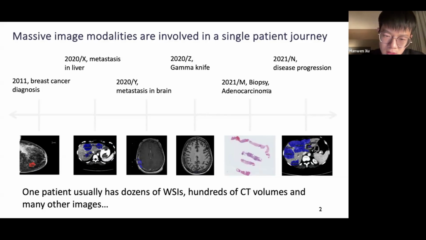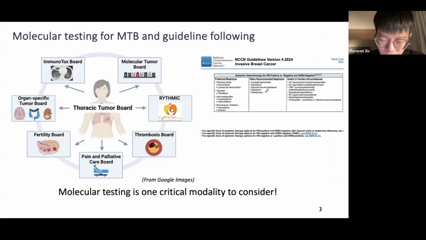The molecular testing results became pretty pivotal, as these results guide the clinician in decision making, aligning with the discussion within the tumor board or the recommendation from the NCCN guideline, to identify a more appropriate treatment approach for this patient.